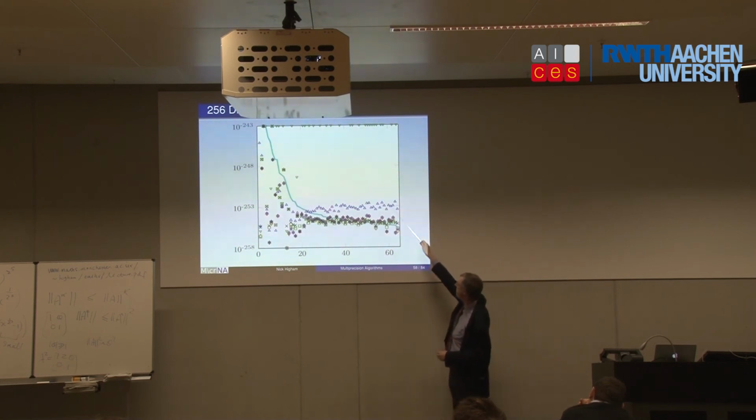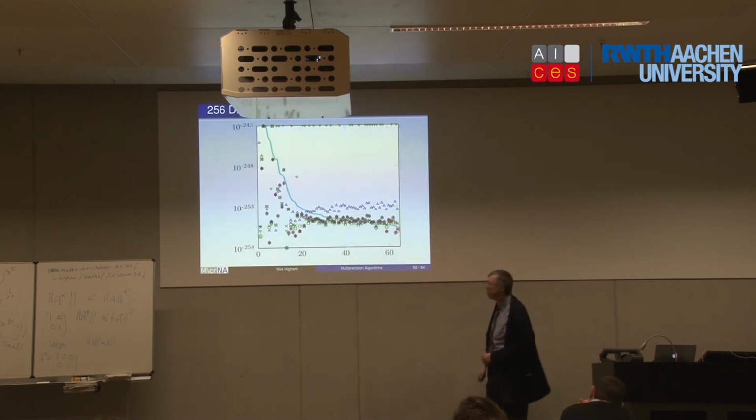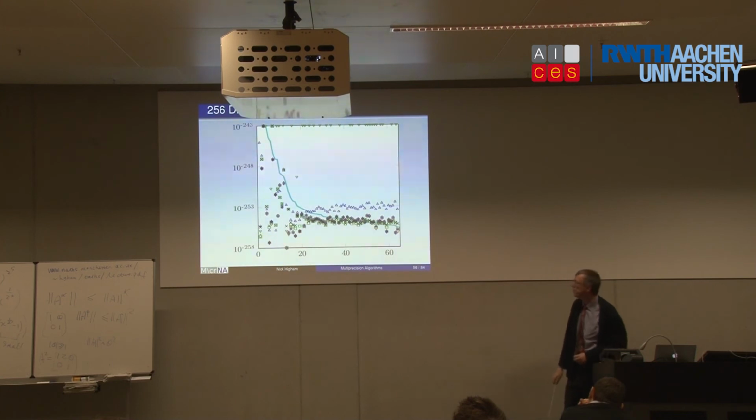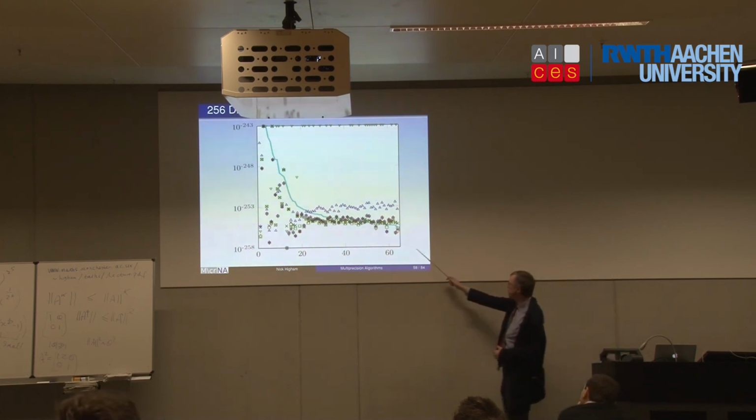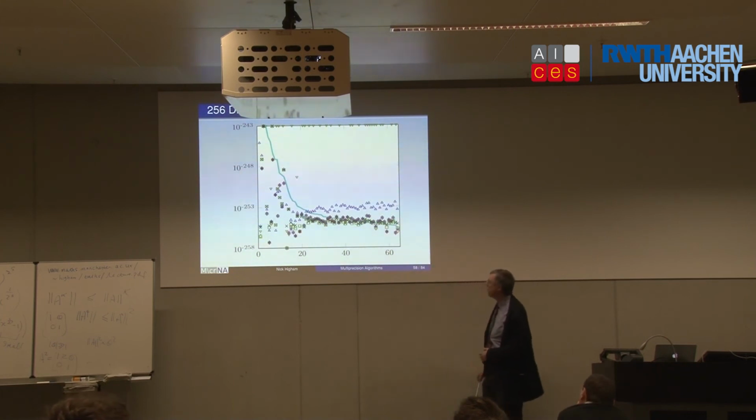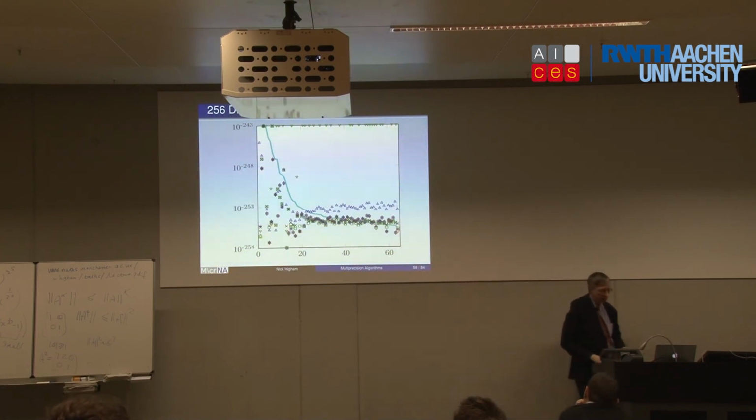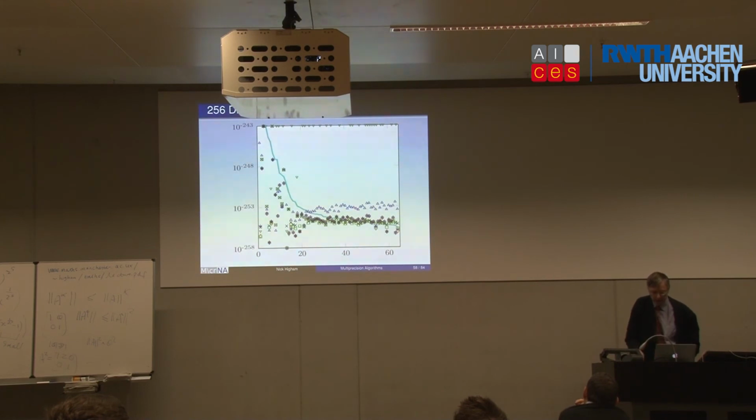The AGM is again showing instability, whereas the new algorithm is largely doing what we would hope it would do. So I think that's a good example of how going to higher precision can really test an algorithm: things that you wouldn't see at low precision can start to happen. So that's something we need to bear in mind.